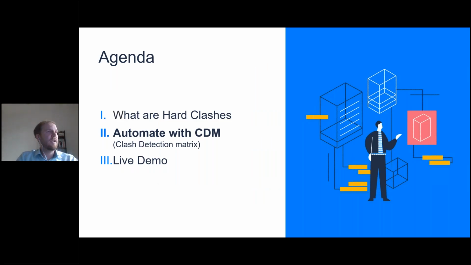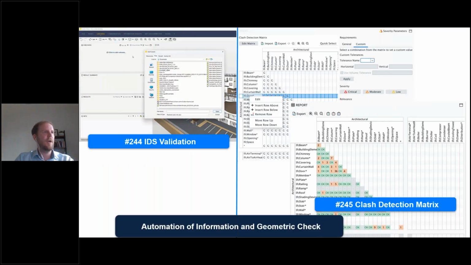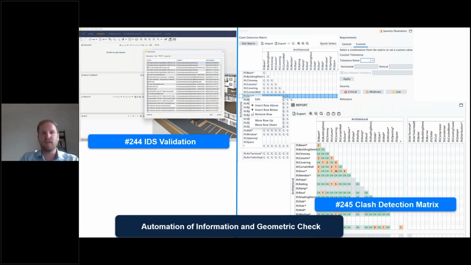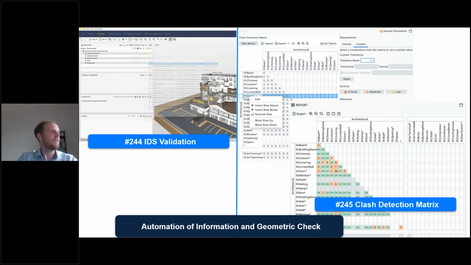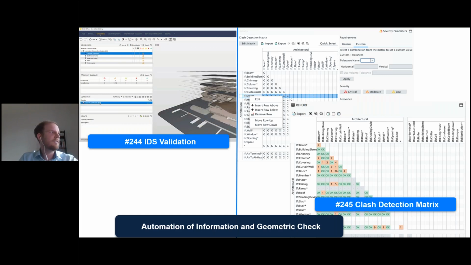So these are hard clashes, and to detect that kind of issue, we created the CDM. But you probably heard about what we did last year: the IDS validation rule. I quickly want to explain why that is related to the clash detection matrix.